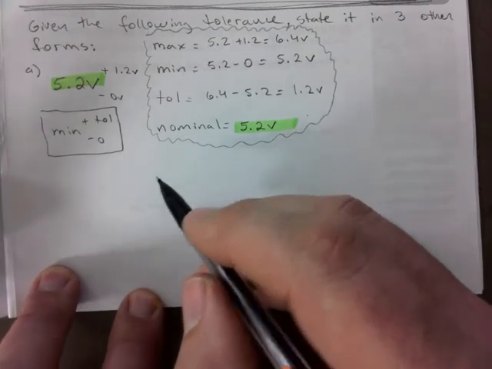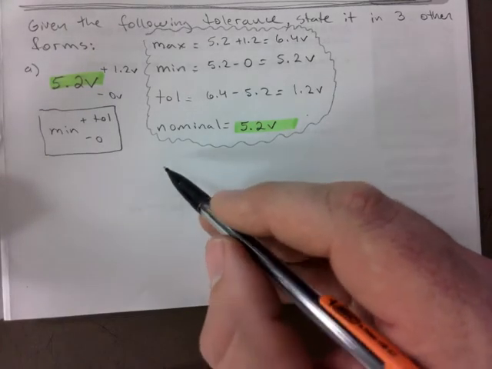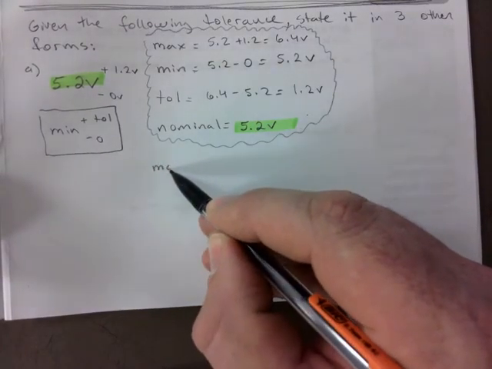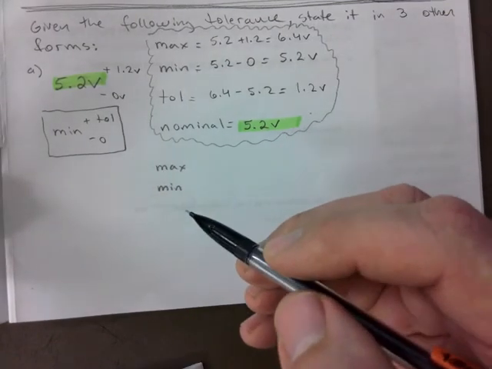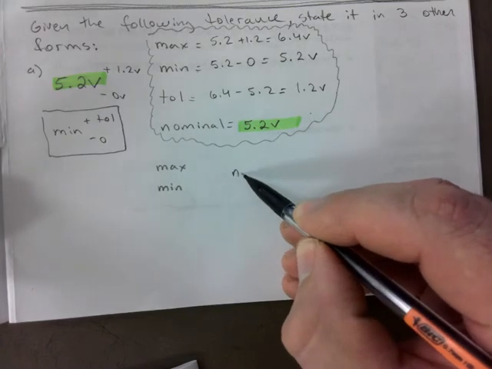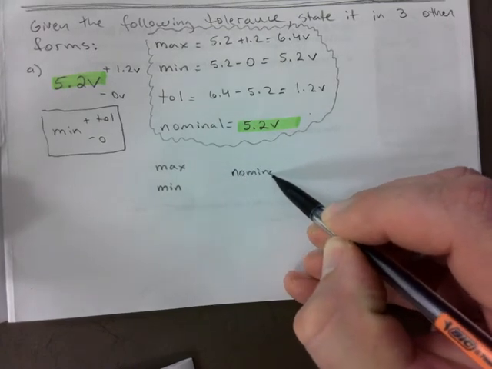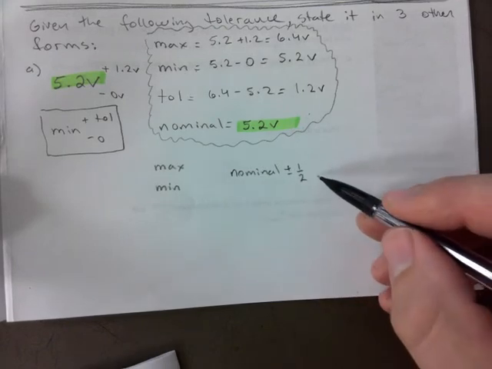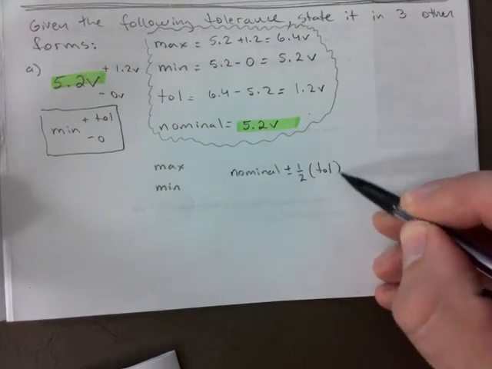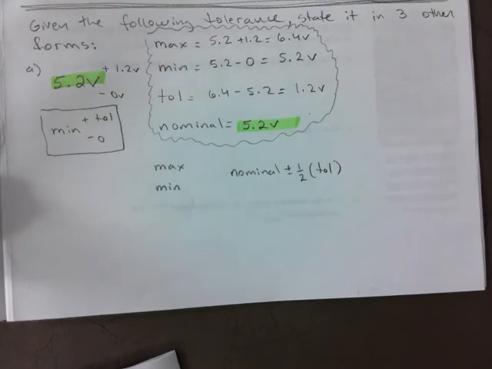Okay, so the other formats in no particular order are like this. There's one that wants you to write it like this. There's one that wants you to write it like this, nominal plus or minus, and you don't have to memorize these. Just go ahead and look it up. That's the other one.